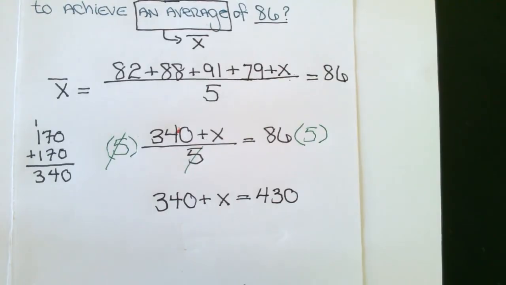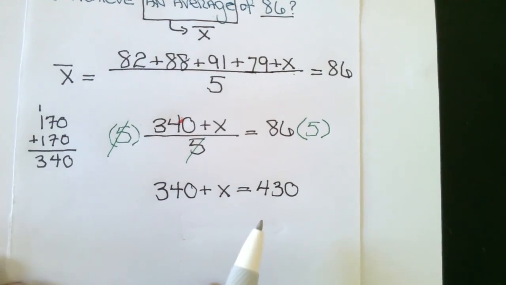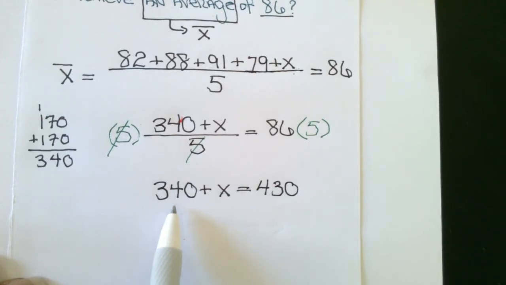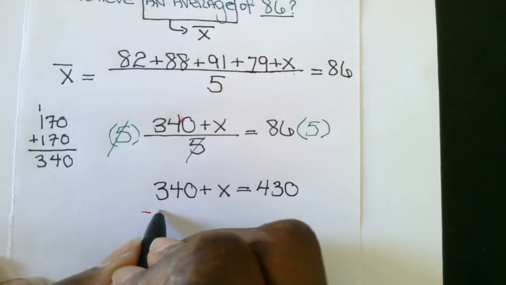Okay. So now we need to get x by itself. So we need to subtract the 340.